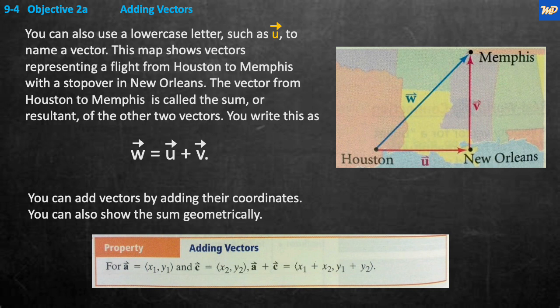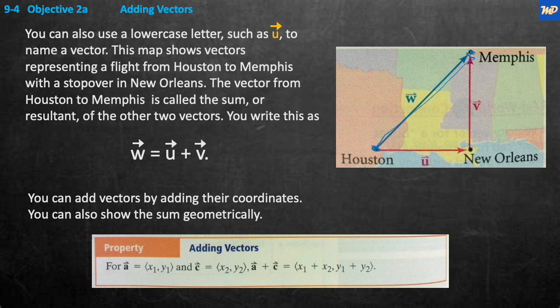Okay, continuing with objective 2, adding vectors. You can also use a lowercase letter such as u, as we're showing here, vector u, to name a vector. This map here shows vectors representing a flight from Houston to Memphis. It started down here in the corner at Houston, and it ended up way up here at Memphis, with a stopover in New Orleans.